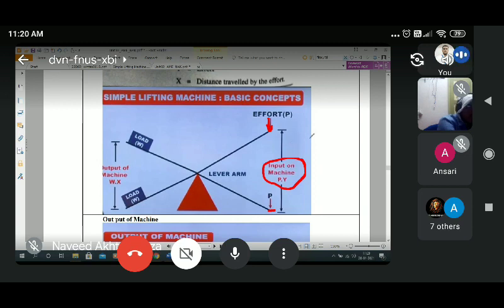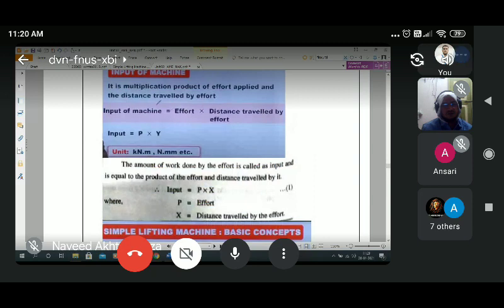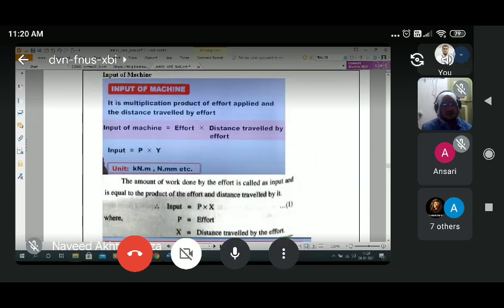So what is the input? Input is nothing but P into y. You can see here the amount of work done on the machine is the input of the machine. So it is the effort into the distance traveled by the effort.